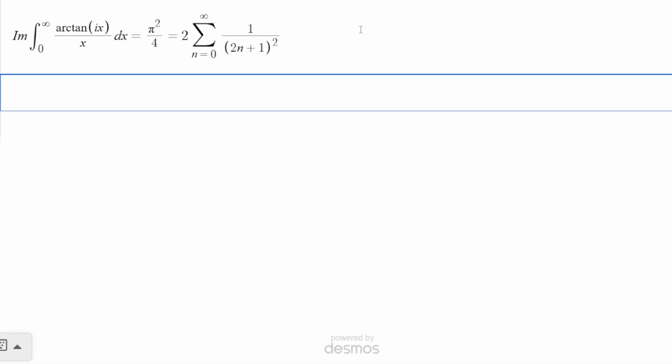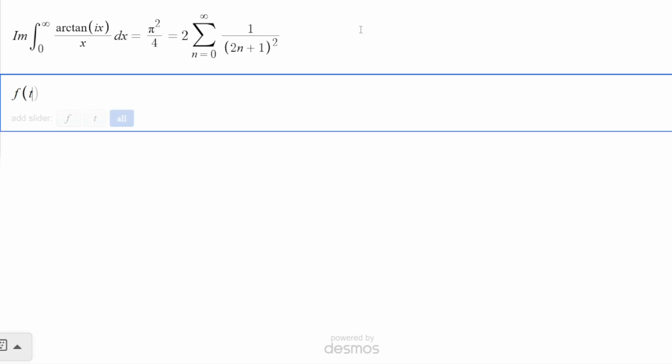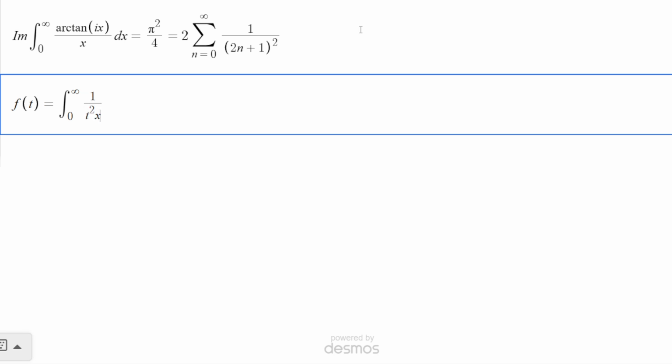So, which one should we do first? Well, neither. What I'd like to do is define a function of t equal to the integral from 0 to infinity of 1 over t squared x squared plus 1 dx.